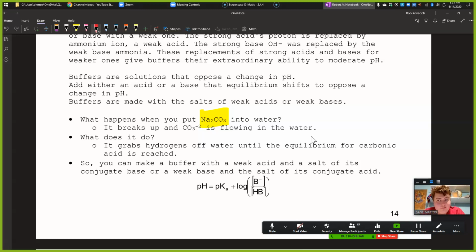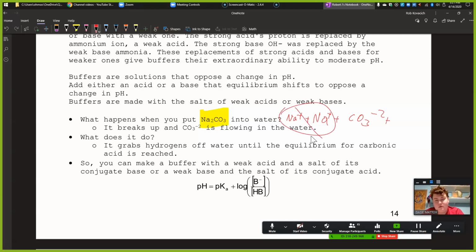It fully dissociates and becomes aqueous. Yep, I'm going to get a sodium and a sodium and a carbonate with a -2 charge on it. What's the carbonate going to do in the water? What's it going to do to the water? Make it more basic?